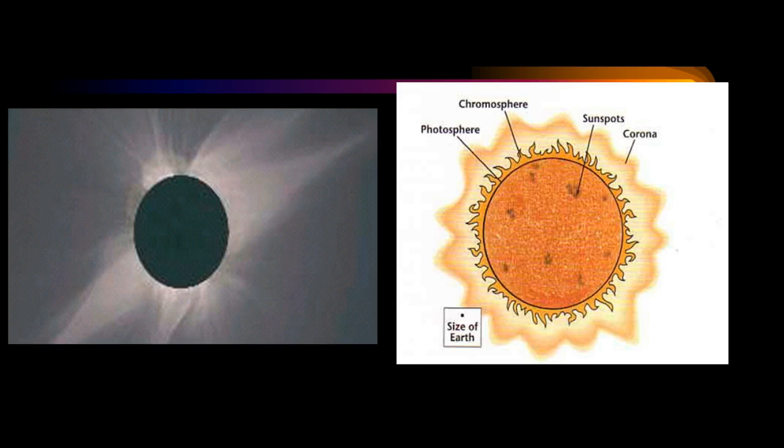Now the sun's surface temperature is approximately 6,000 Kelvin, which, believe it or not, is much cooler than the interior, which is several million degrees Kelvin. Write that down. Now in the sun's atmosphere or corona, you see the corona right here, the temperature rises again to several million degrees Kelvin. Get that in your notes.